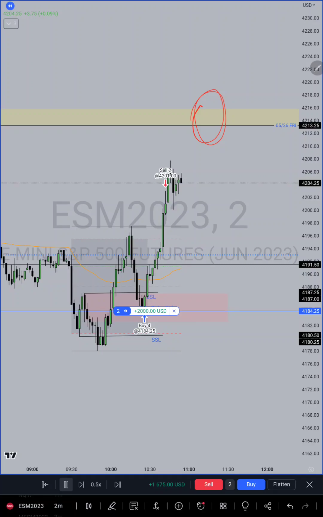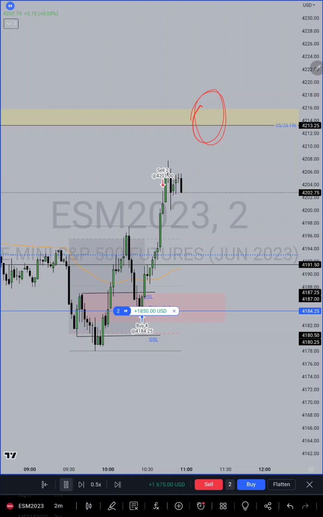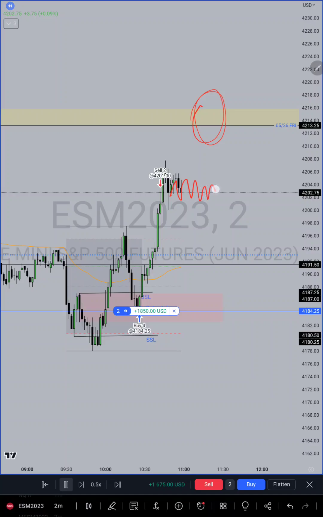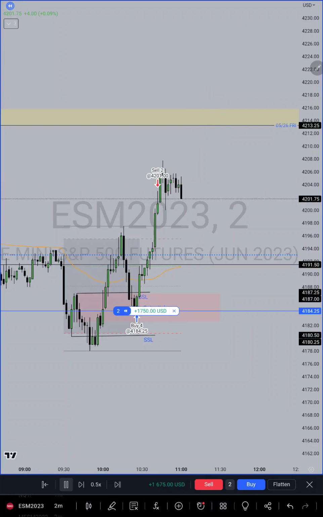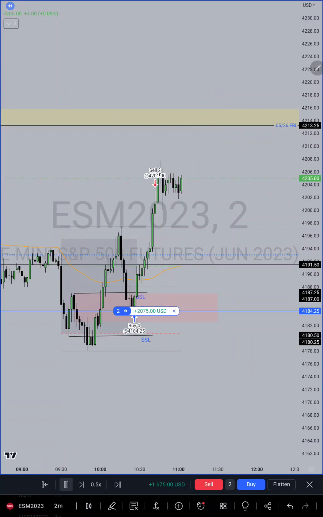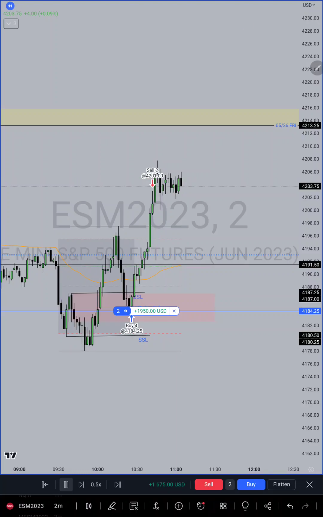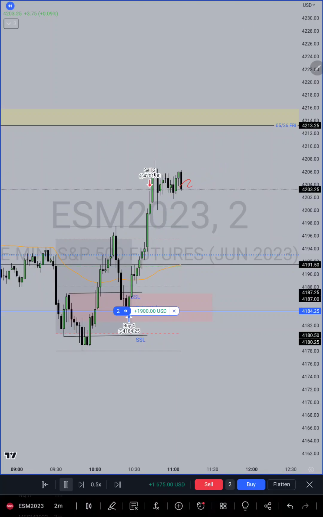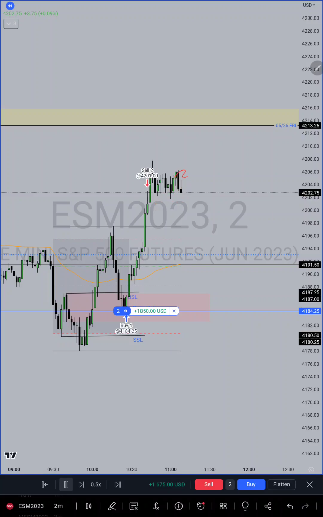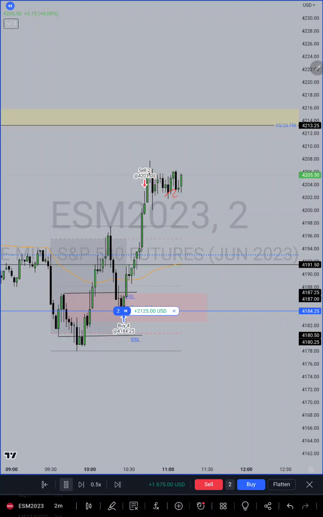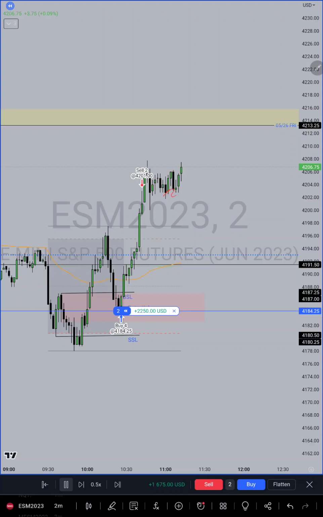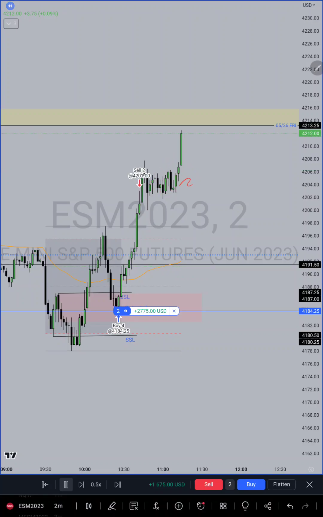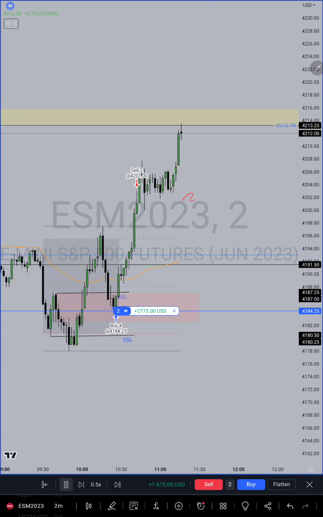Again, hindsight bias speaking here, but there was a lot of up and down in this area. I'm actually finding a new strategy right now that helps me cope with this type of price action while I'm in the position itself. That's for another day.